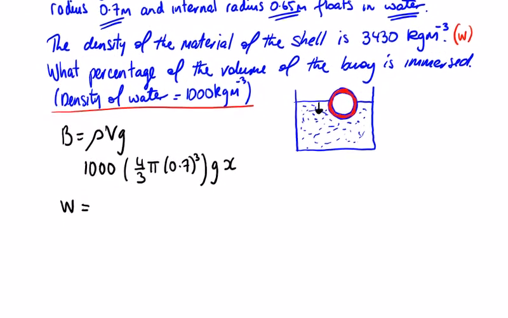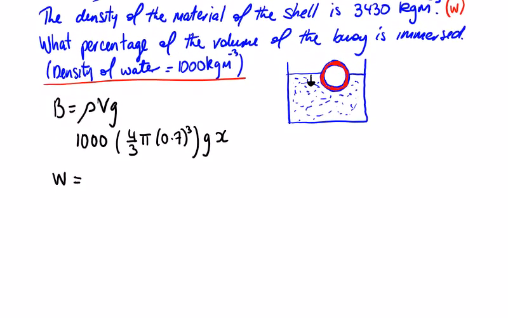Just move the board up a bit. The weight of the object, again, is rho Vg. We're told the density of this object is 3430. And we know, as we said earlier, weight just deals with the red bit. So 3430, so the volume of this shape in here, this bit here, is what we want to find.